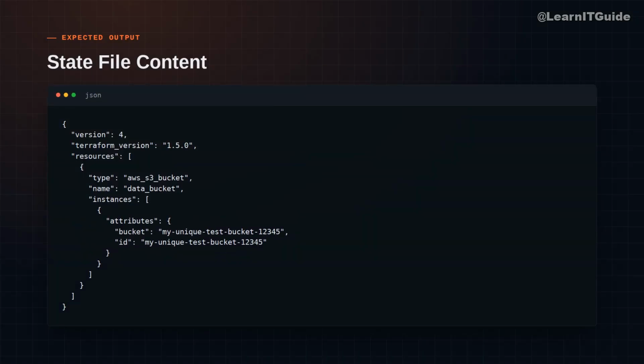This is what the generated state looks like. Notice the attributes block. It contains the actual bucket name assigned in AWS. If you were to manually change the name in the console, Terraform would detect the mismatch during your next plan because the state file remembers the name it created. That is the power of the state file.